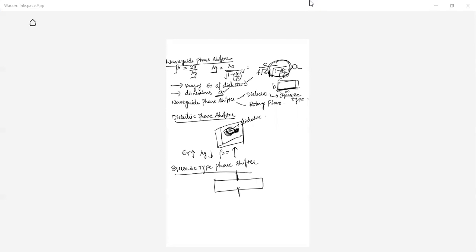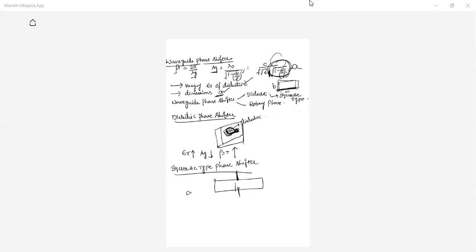We are going to stretch this waveguide in such a manner that the a value can be reduced. When the a value is reduced, obviously the lambda g value increases.